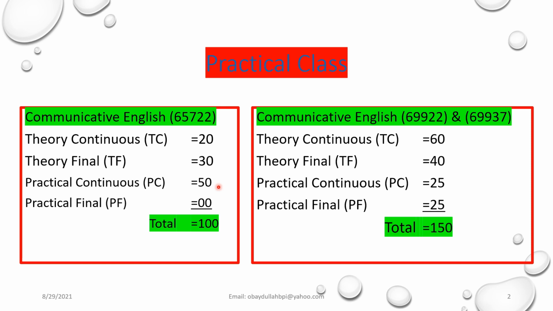This way you have to practice again and again. By practicing, when you show the best performance before your classmates in the class, your teacher will give you the highest marks from practical continuous and practical final. This way you have to practice regularly. Clear?